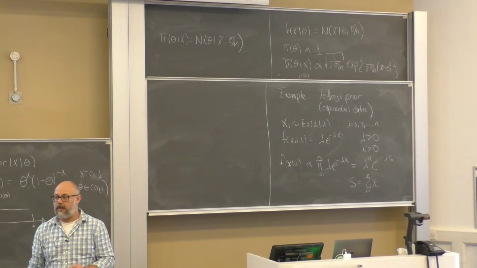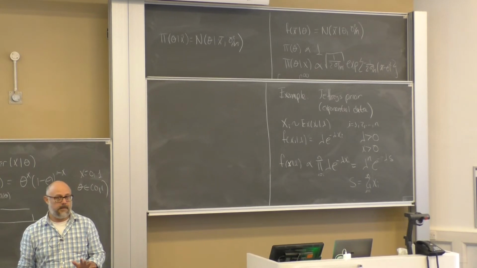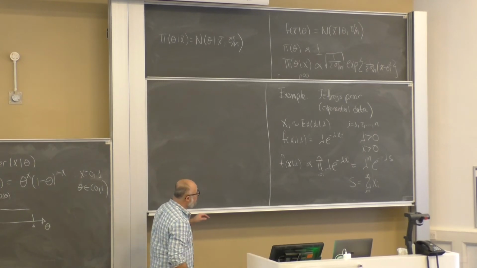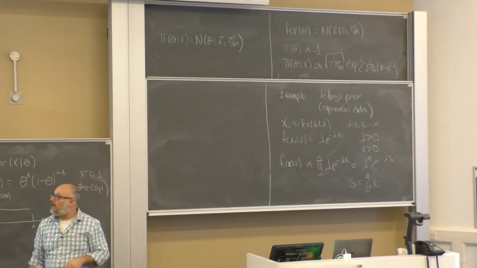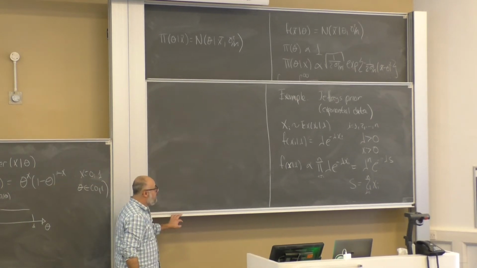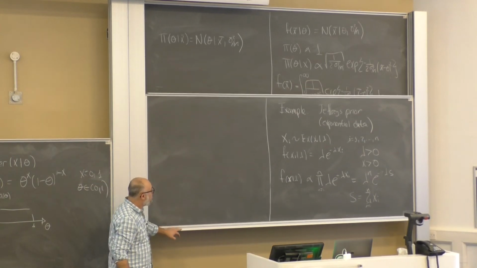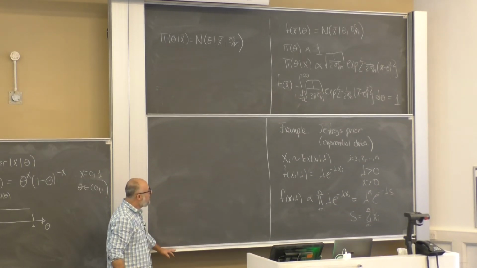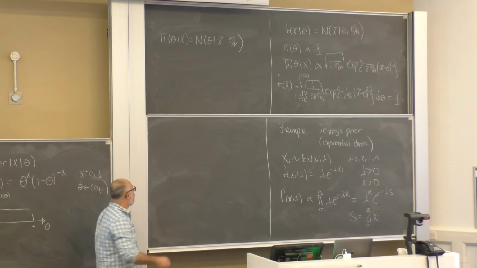Are we all fine with that? Cool. So now we have a likelihood. We need a prior. Probably I'll do the conjugate prior in a second, but for the time being, let's try and find Jeffreys prior, okay?